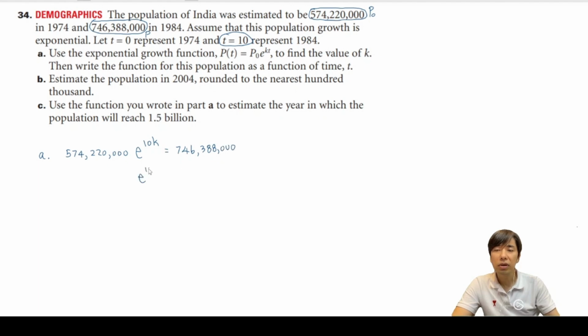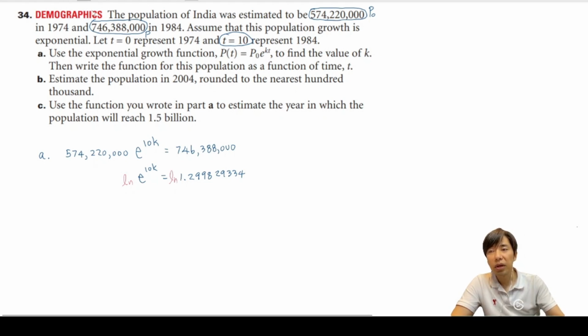So e to the power of 10k is equal to this thing, 746 million over 574 million. So let me calculate that here. That's 1.299829334. And you can apply ln on both sides.